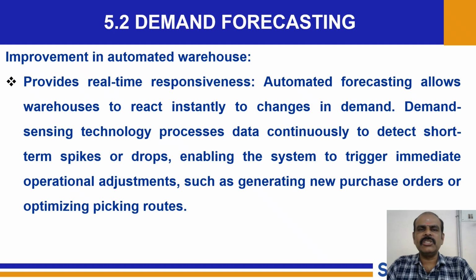The next improvement is real-time responsiveness. So in real-time cases, we are going to work out how we are going to get the activity, everything. So real-time data is going to be readily available with us, and therefore whenever there is an immediate demand, a trigger, we'll be able to be proactive and we'll be able to supply.